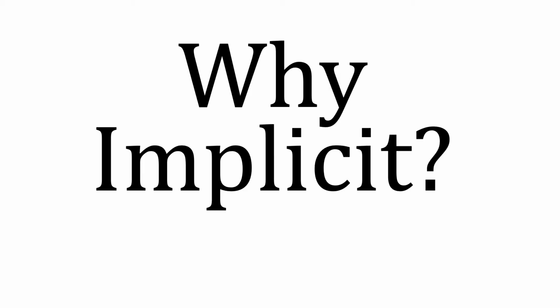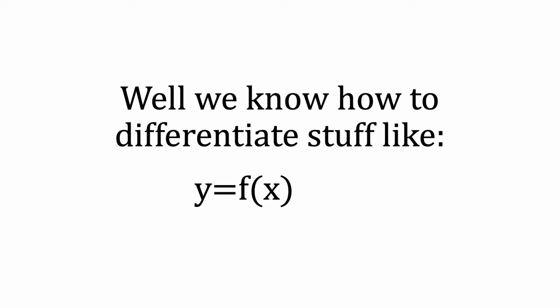Before we get into the math, let's see why implicit. You probably know differentiation, it's taking derivatives. But why implicit? Well, we know how to differentiate stuff like y equals f of x.